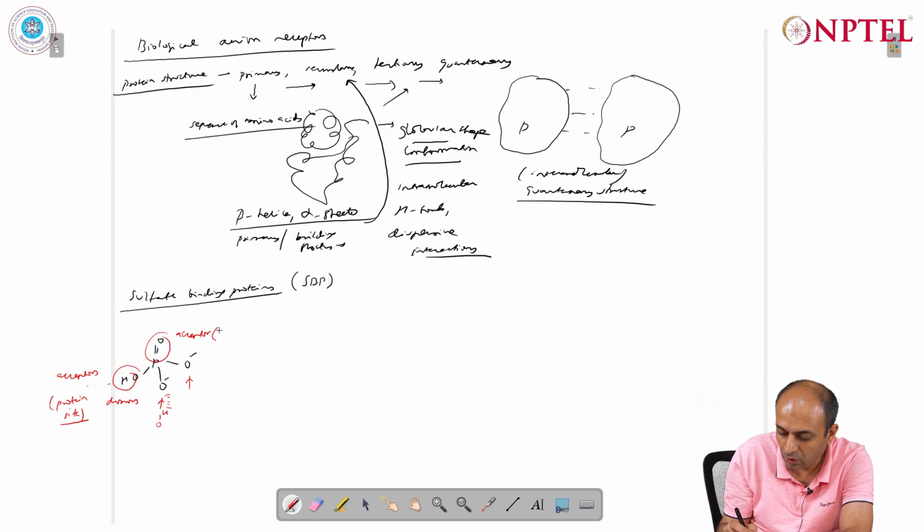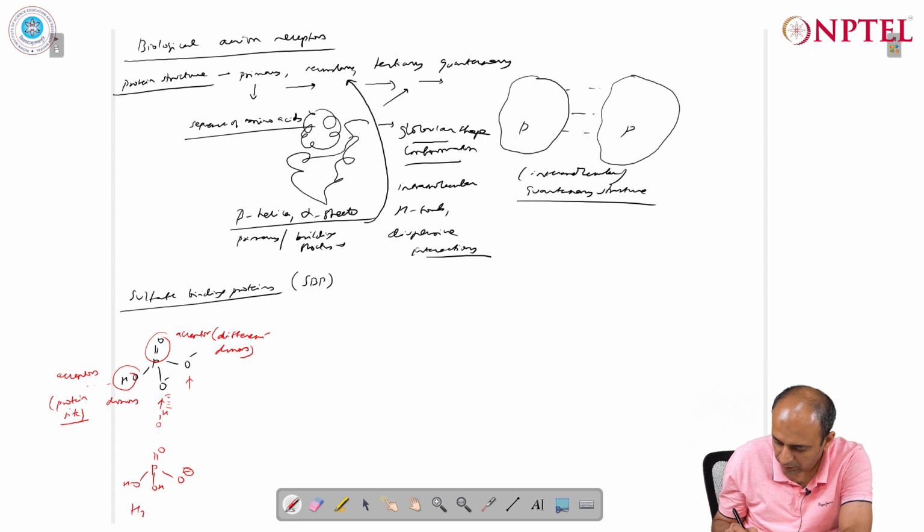It can now interact with different donors via hydrogen bonds. So, we can have this HPO4 minus, we can also have P double bond O, OH, OH, O minus. So, we can also have H2PO4 minus, we can have HPO4 2 minus.